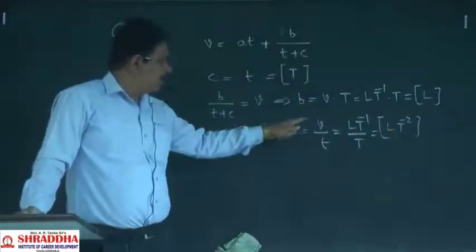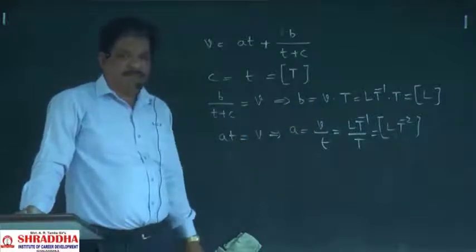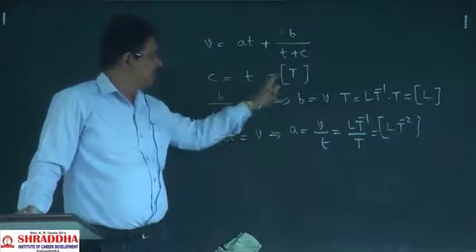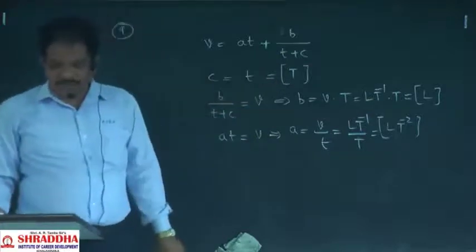So the A value will be L T power minus 2, B value will be L, C value will be T.